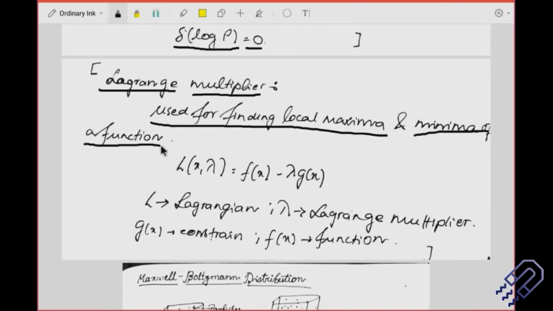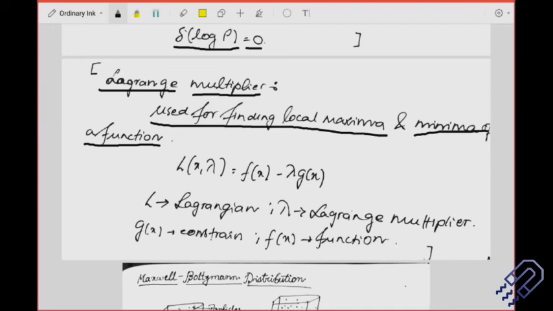What do I mean by minimize or maximize a function? For example, let's say there is a factory which produces two products, product A and product B. You have to maximize the value in such a way that the factory might not be producing equal amounts of A and B, but the profit should be maximum.